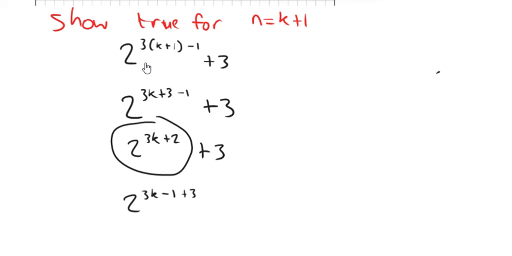So that's what I've written here, the same thing as the line above it. I've just changed plus 2 into minus 1 plus 3. So that allows me to call it 2 to the power of 3k minus 1 times 2 to the power of 3, plus 8.